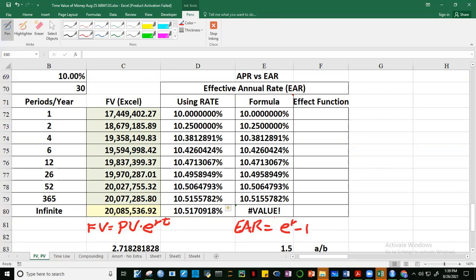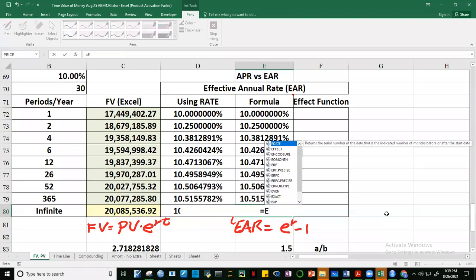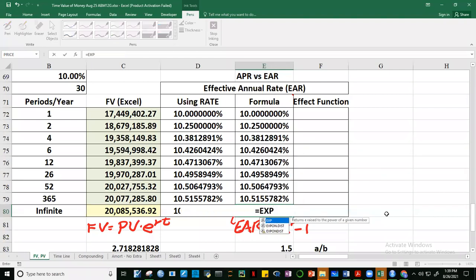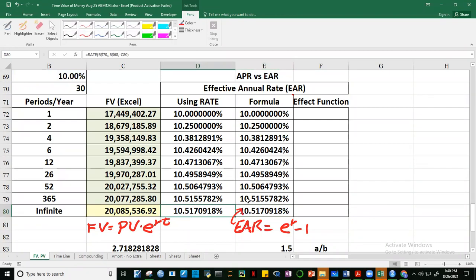Para dito yan, ano? So pag continuous compounding, guys, and if you want to compute for the effective annual return, it's equal to exponential e to the r, e to the rate, and then minus 1. Control Enter. You get 10 point, exactly the same as yung sa rate function natin dito.